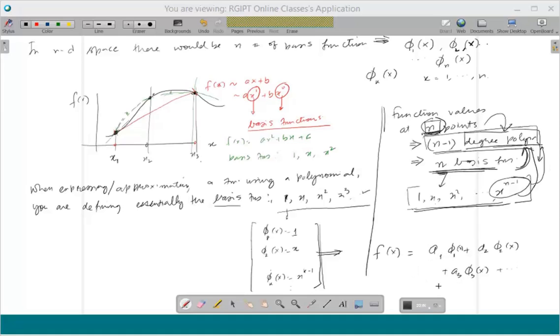So that would be written as a linear sum of all these. This is nothing but a1 times 1 plus a2 times x plus a3 times x squared and so on. This is how you expand it.